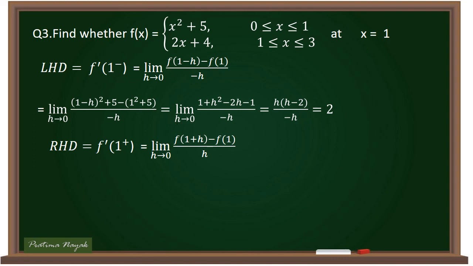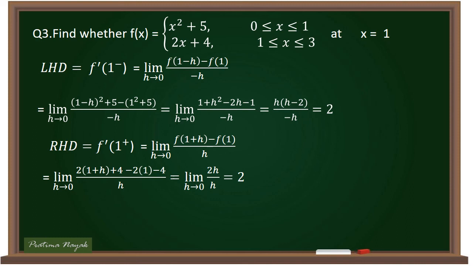So once you will put 1 plus h, once you will put 1. So it will be (2(1+h) + 4 - (2(1) + 4))/h. So here if we simplify, it will give you 2. So RHD is equal to LHD, f(x) is differentiable at x is equal to 1.